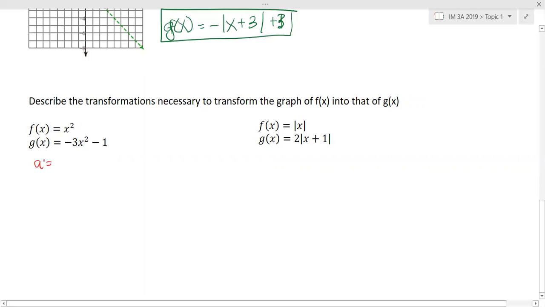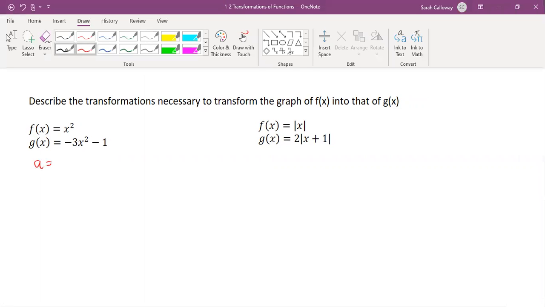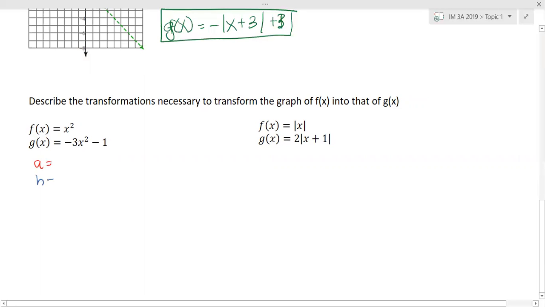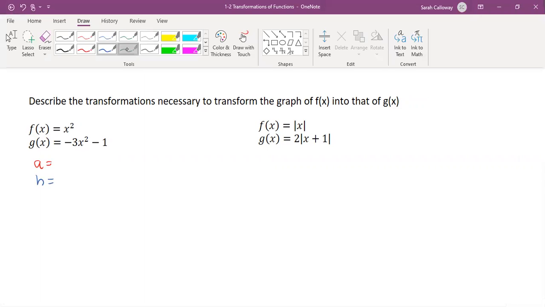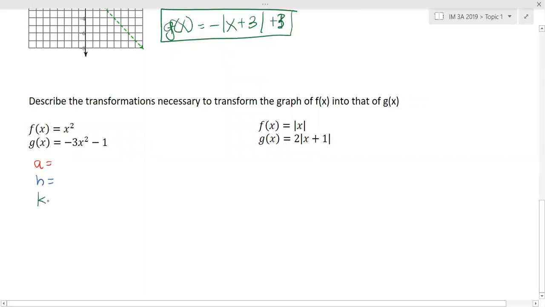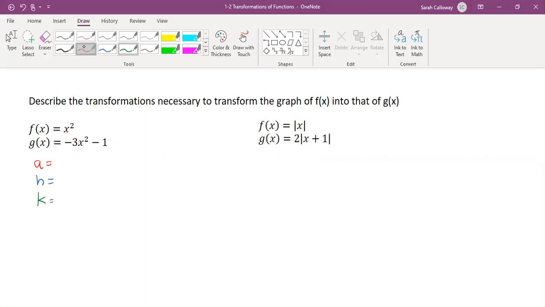So I want to figure out what are each of these pieces so that I can just use them to describe my graph. Okay, so if I'm comparing f of x, which has a is 1, h is 0, k is 0, that's normal. Now I'm looking at negative 3x squared.